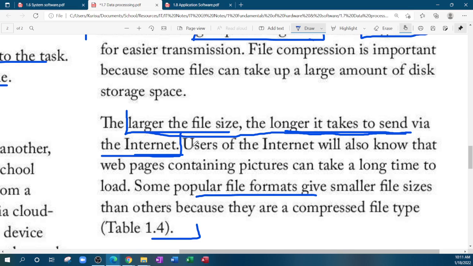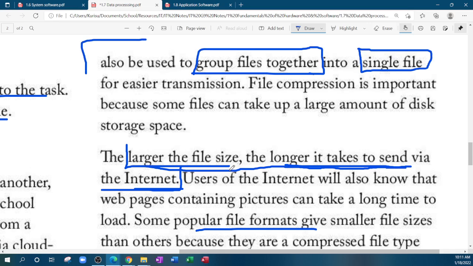Now that is why companies, organizations, businesses, especially social media, are going to compress what you try to send. They're going to compress your pictures, they're going to compress your videos without you even asking, and you don't have a choice because they want your data to send as quickly as possible. So they compress your data, your picture and your video, so that it is smaller and it will be able to send.